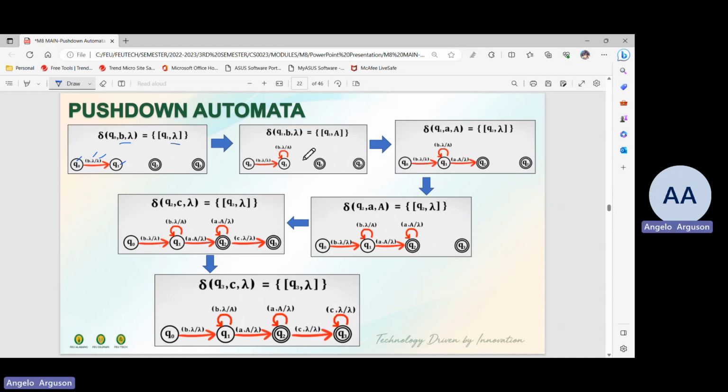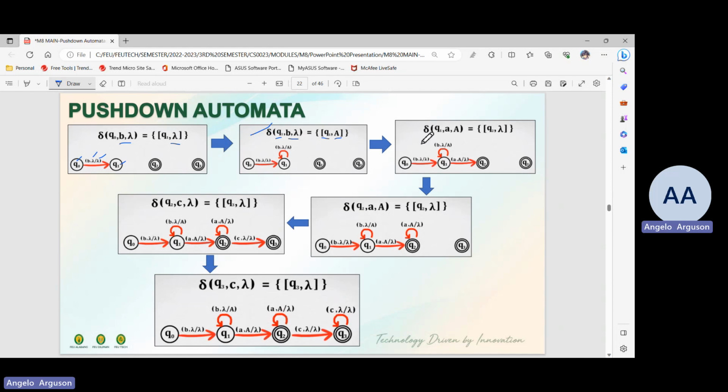Next, following the second transition, we have Q sub 1 to itself with transition B, empty, and an A. So we're going to write these three symbols on top of the line. Doing so, we now have the third one.